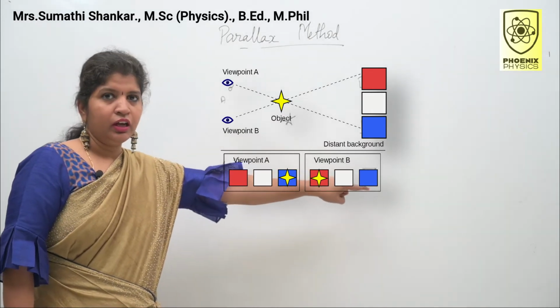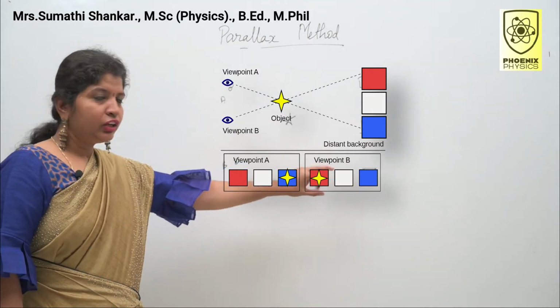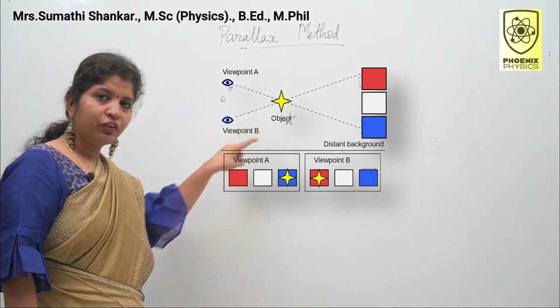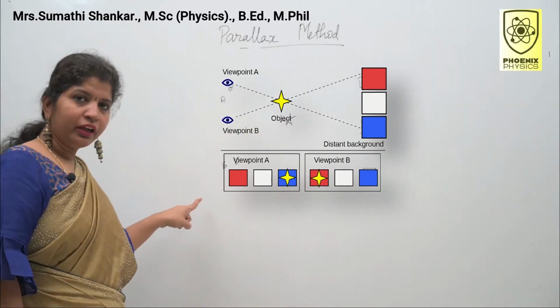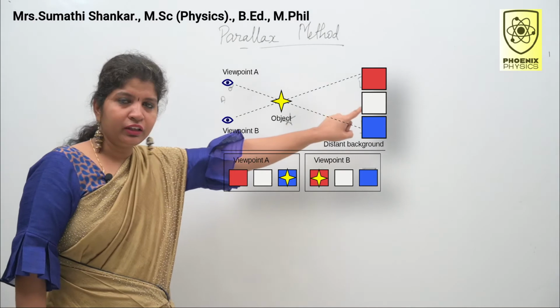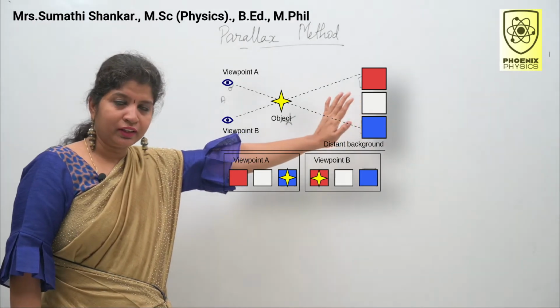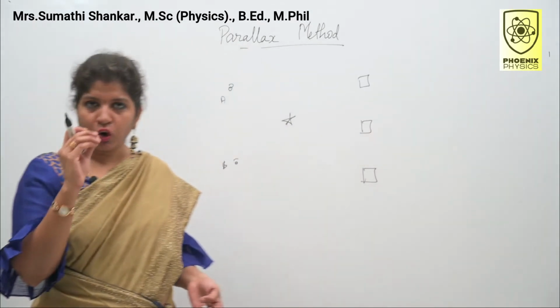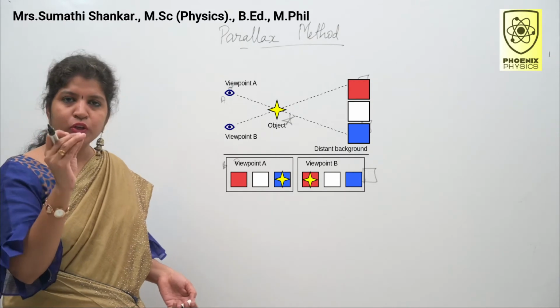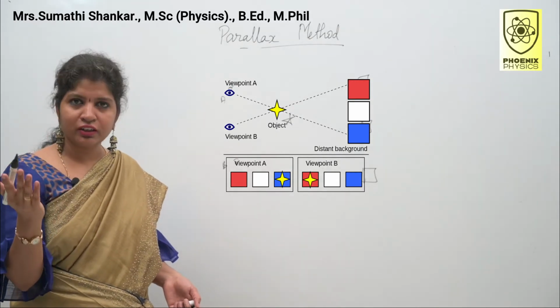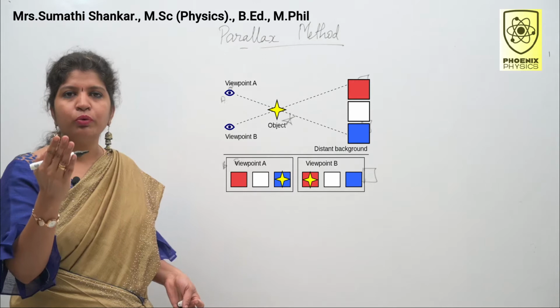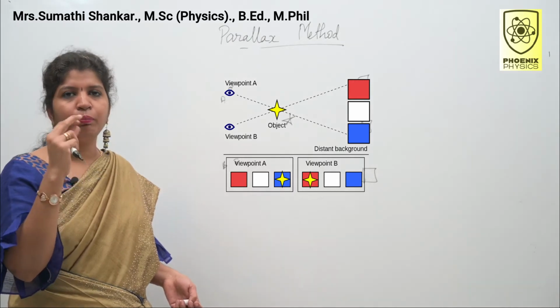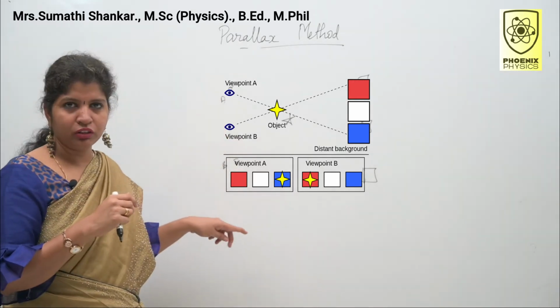If I view this object from B, it appears to be in the A position. That is, the position of an object appears to move in the direction just opposite to the point of observation.